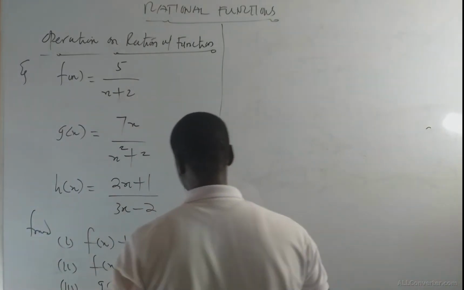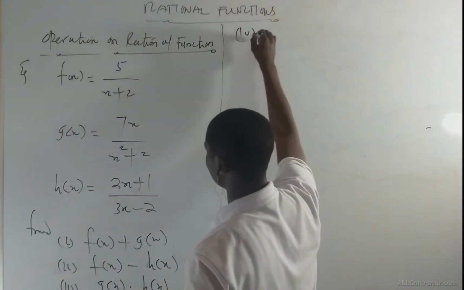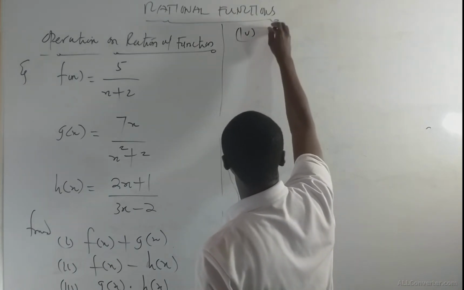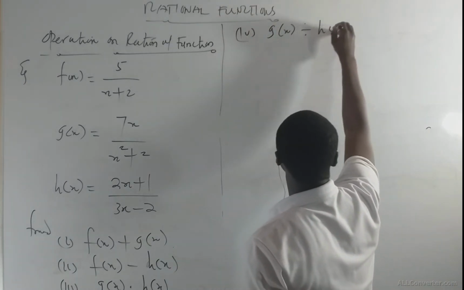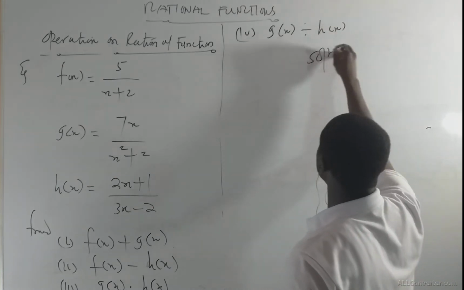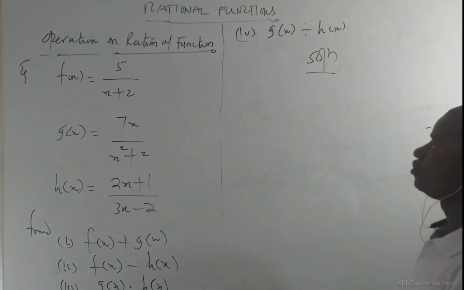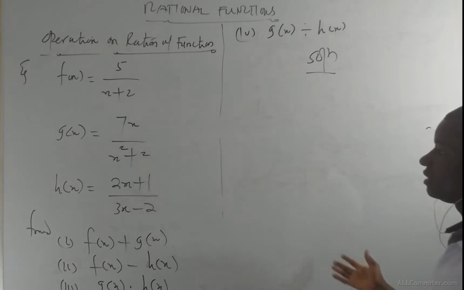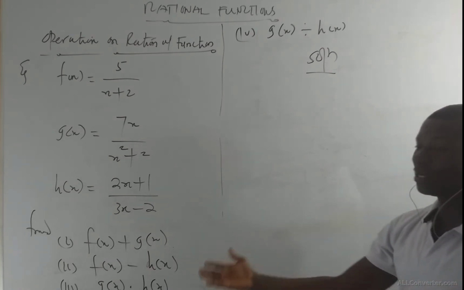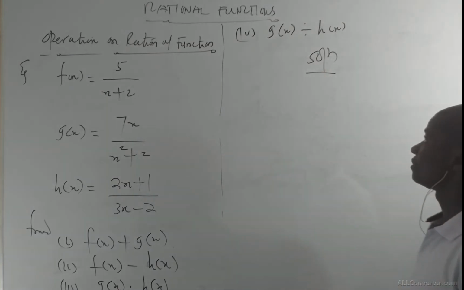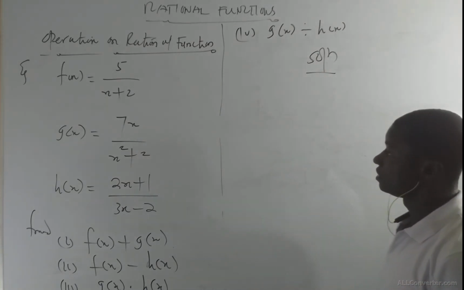Then let's say IV, the fourth part of the question, we have to find g of x divided by h of x. So we are going to look at the operations on rational functions, how we can add rational functions together, how we can subtract, how we can multiply, and how we can divide rational functions.